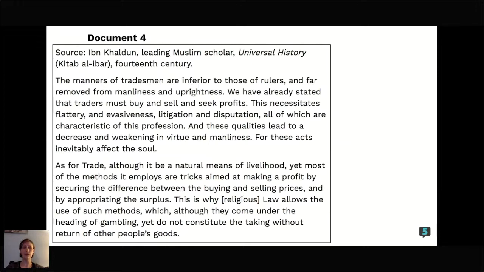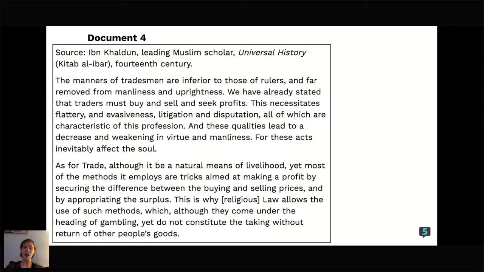And he writes, "The manners of tradesmen are inferior to those of rulers, and far removed from manliness and uprightness. We have already stated that traders must buy and sell and seek profits. This necessitates flattery and evasiveness, litigation and disputation, all of which are characteristic of this profession. And these qualities lead to a decrease and weakening in virtue and manliness, for these acts inevitably affect the soul.